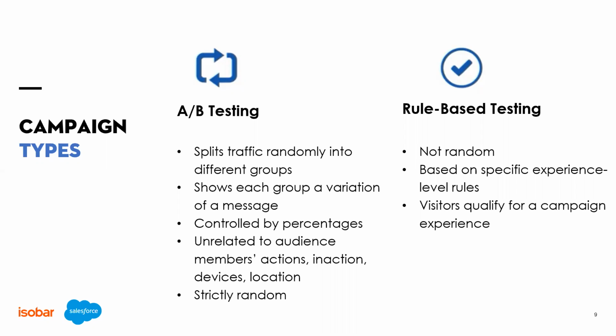That's the main definition of rule-based testing, as it's meant by the name, and it's based on rules you set up. Interaction Studio is very flexible in setting the rules in the platform, whereas A/B testing is random selection of groups which are divided by percentages, and then each group will see a variation of a message.